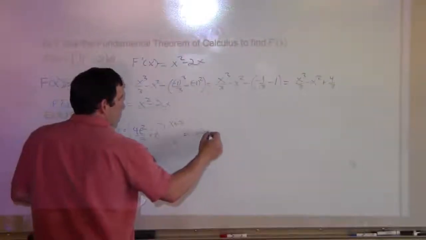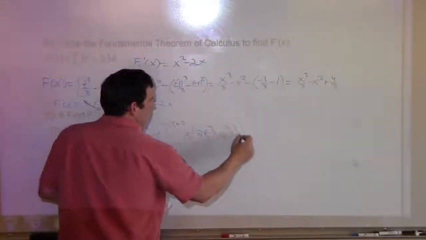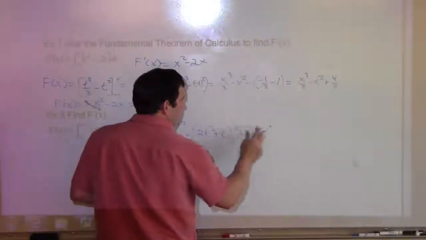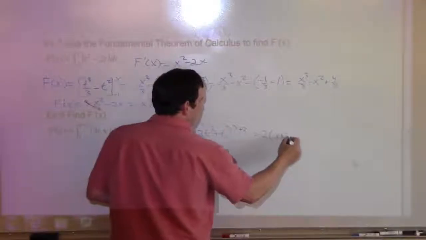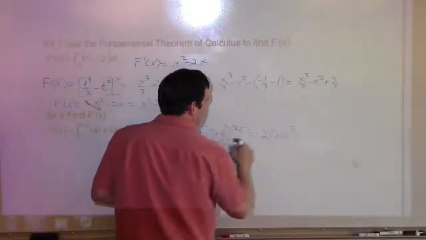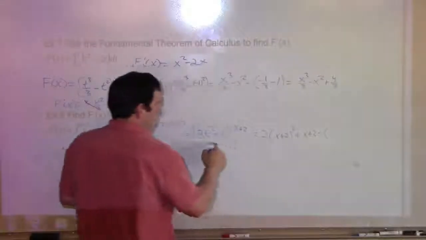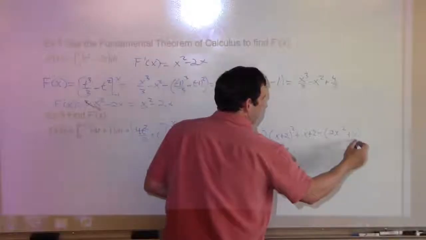That's 2t squared plus t from x to x plus 2. That's going to be 2 times (x plus 2) squared plus (x plus 2) minus (2x squared plus x).